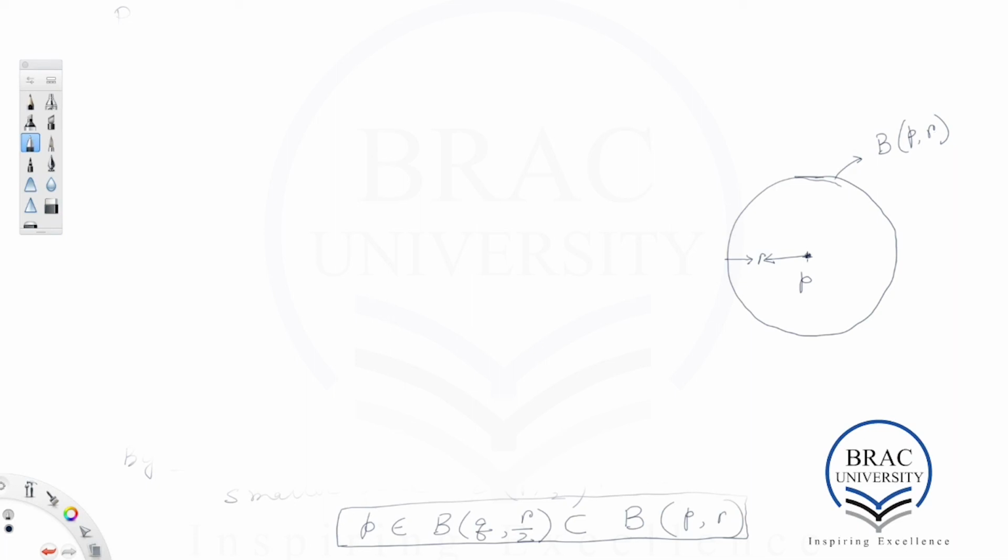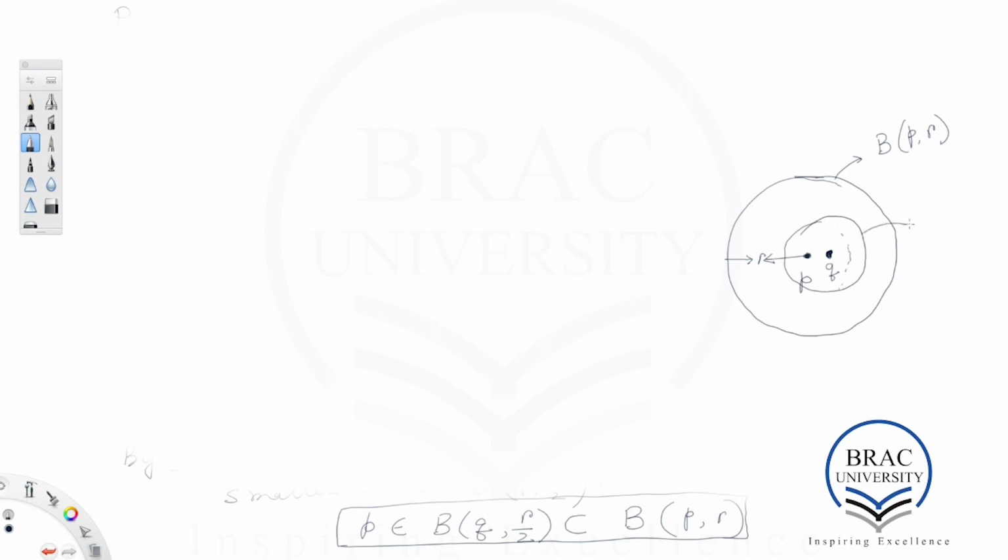Now if I draw another ball centered at B and of radius R over 2, say something like this, then inside it there should be a rational point that we are going to call Q. So if you choose Q to be our center and R over 2 to be the radius, then we have a smaller ball like this.